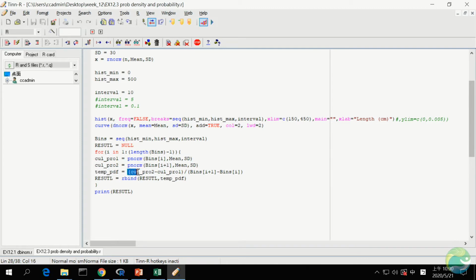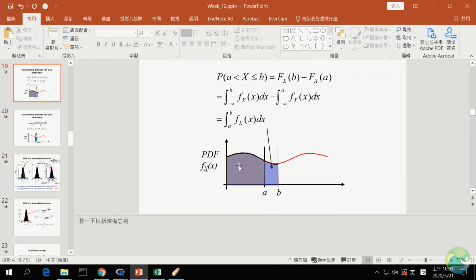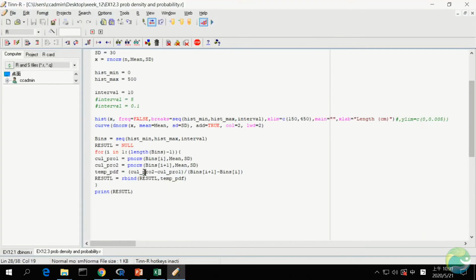Then you take the area of the second one minus the first one, and divide by the delta x, and then you can come out with the PDF. Okay?